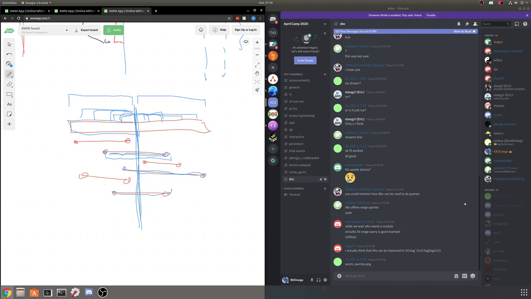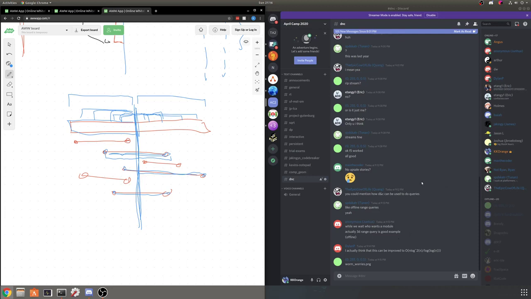3D range query is a good example. Okay, I guess I see the shape of the solution there, but it sounds kind of disgusting.